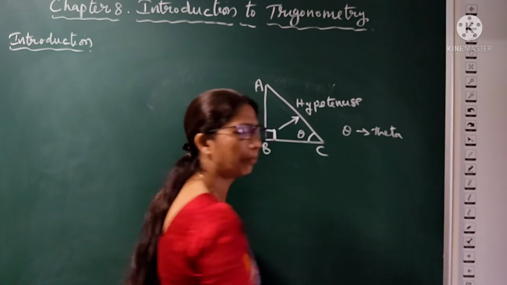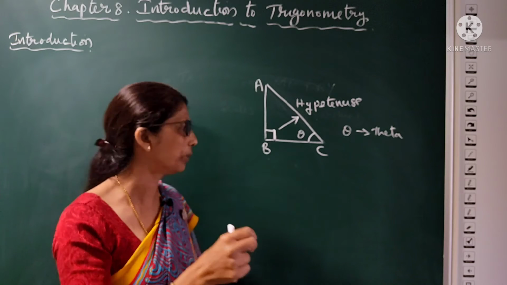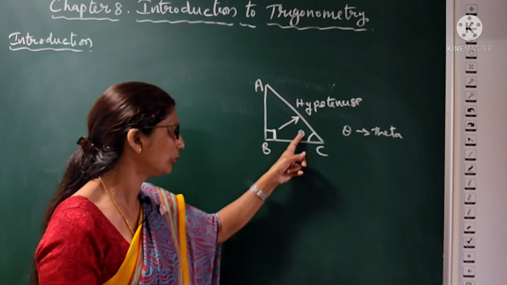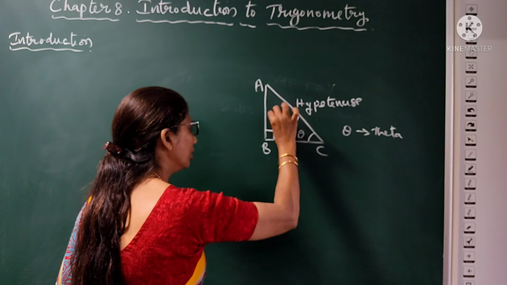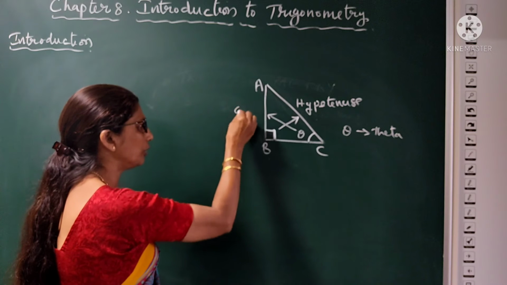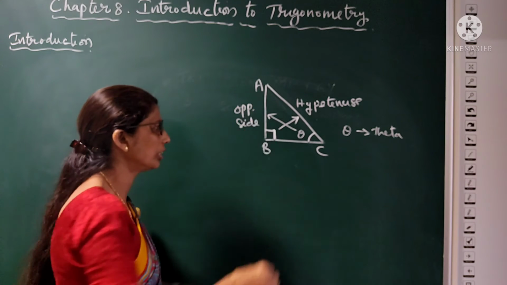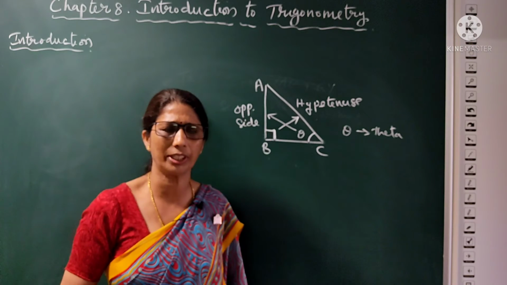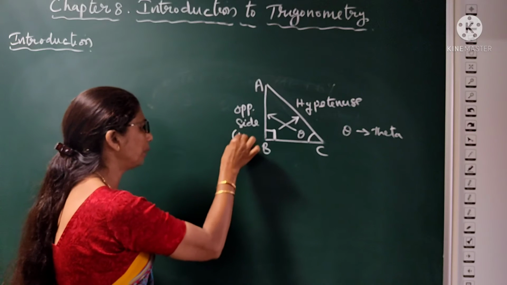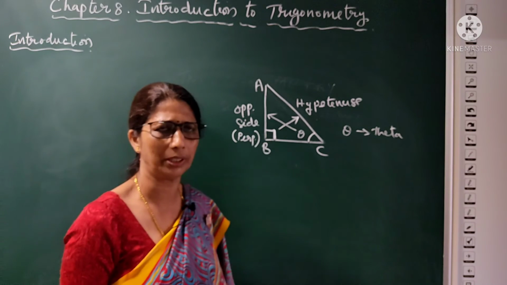Whenever we take one of the acute angles, here C, the side opposite to theta we call the opposite side. One more name for this opposite side is perpendicular.